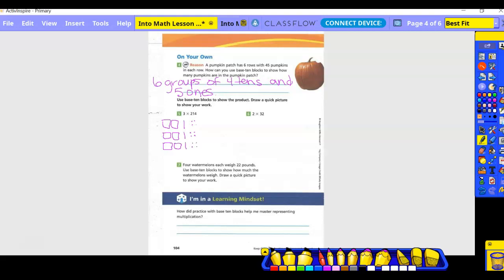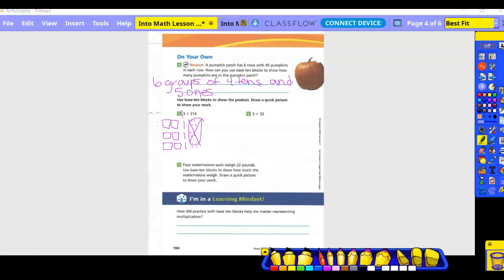Okay, can I regroup my small cubes? Yes, there's 10. So I can go here, and I can do 4, 8, and then 2 more, which is 10. So I can mark this off and put a long up here. Can I regroup anything else? Is there 10 of anything? Nope.